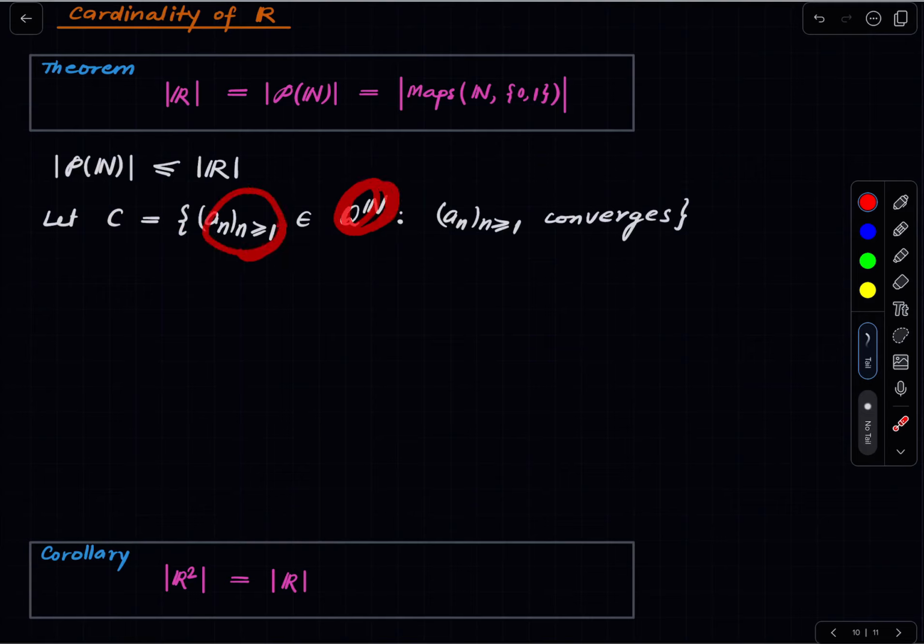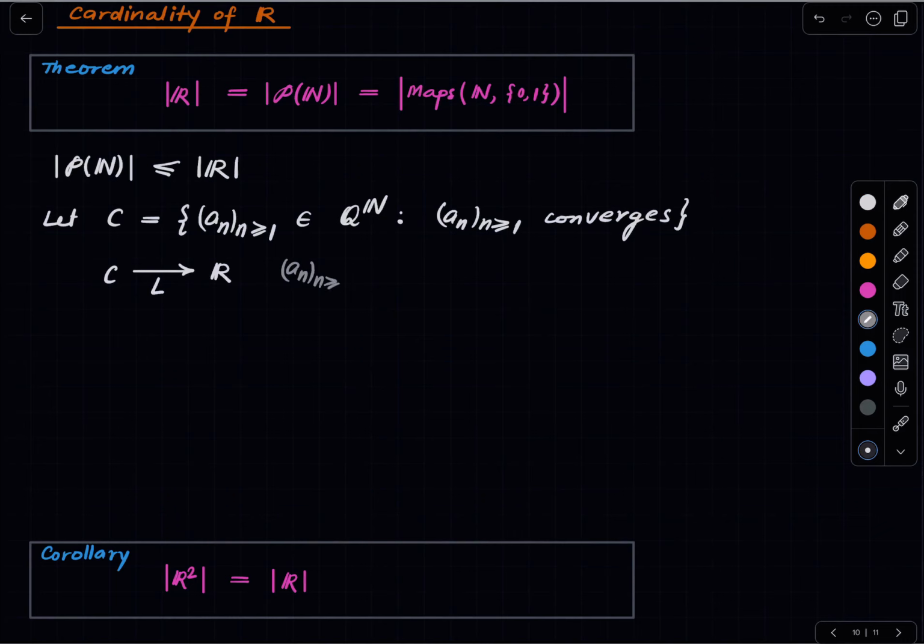We are picking those which are convergent. And from here, there is the natural map. So from C to R, there is a map, call this map capital L, which takes a sequence and outputs the limit of the sequence. And L is surjective.